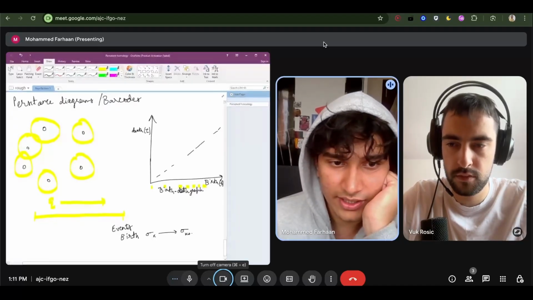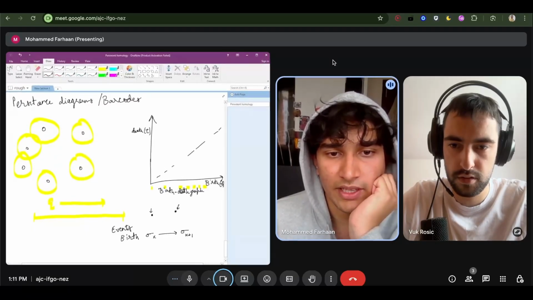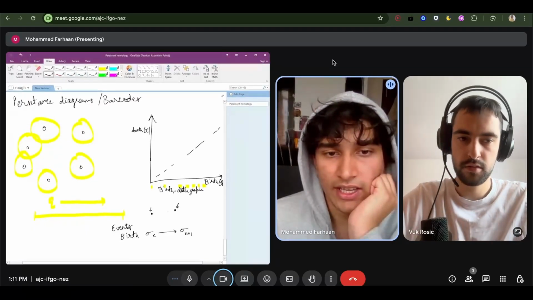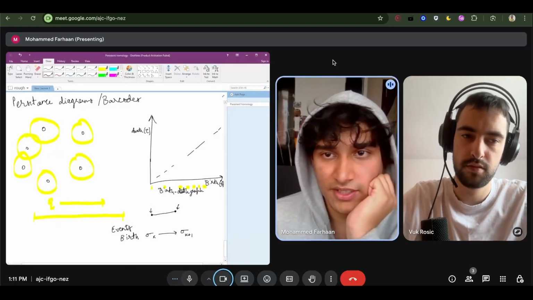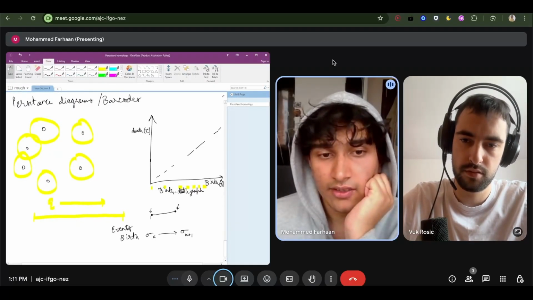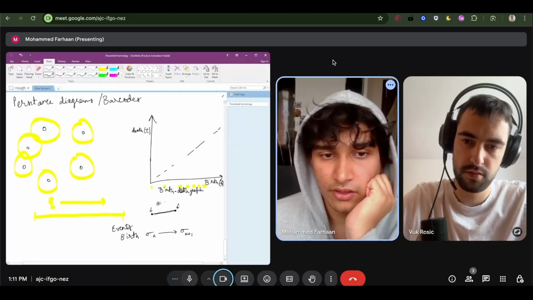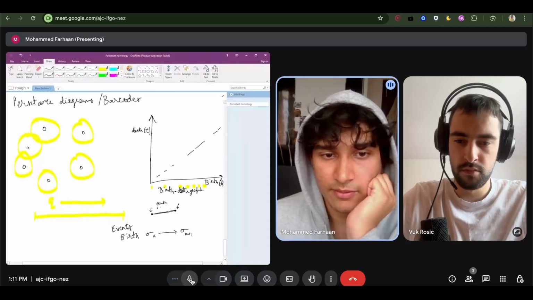What I mean by this is that for any two vertices, this is a zero simplex, and this is also a zero simplex. When they connect, the zero simplices die, and this is the birth of a one simplex.